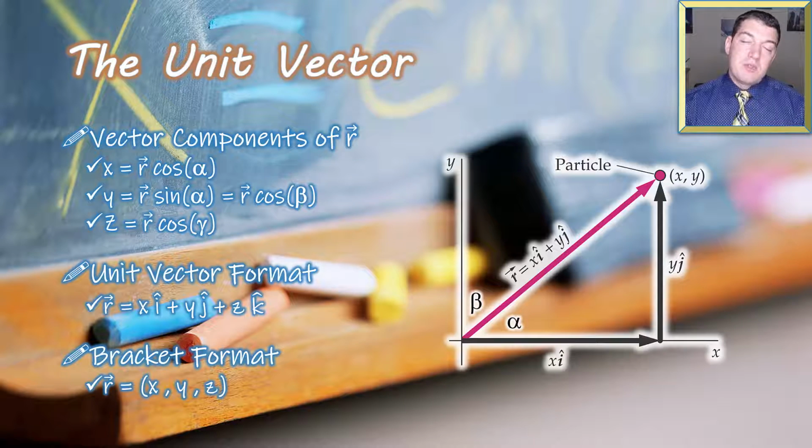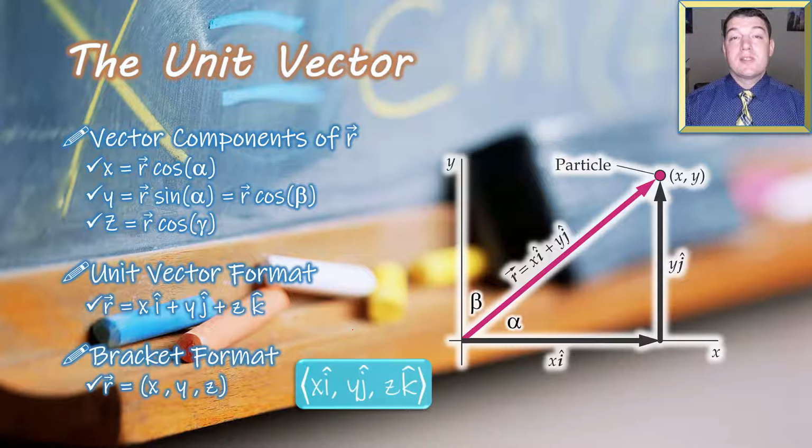We also sometimes show that in bracket form, where we have r equals parentheses, and we show the x, y, and z components separately, either as the number with units, which would be the component form as it is, or in the unit vector form, where it's x i hat, y j hat, z k hat.